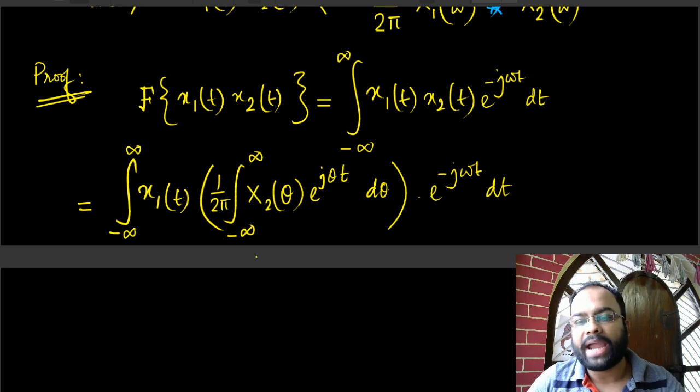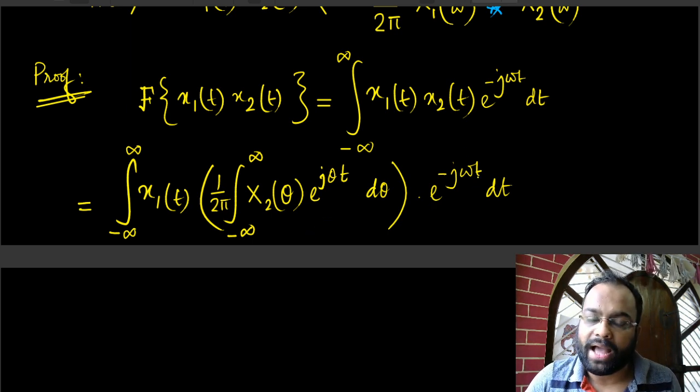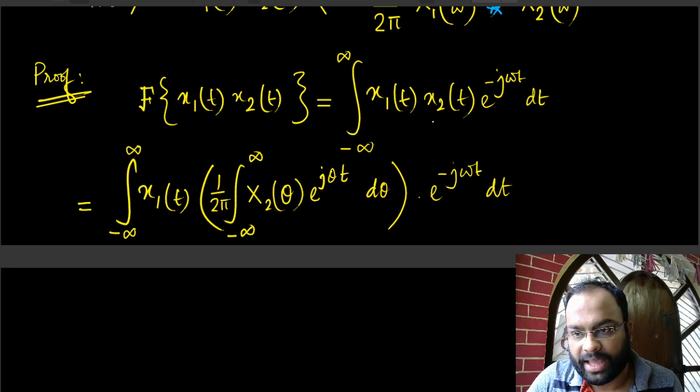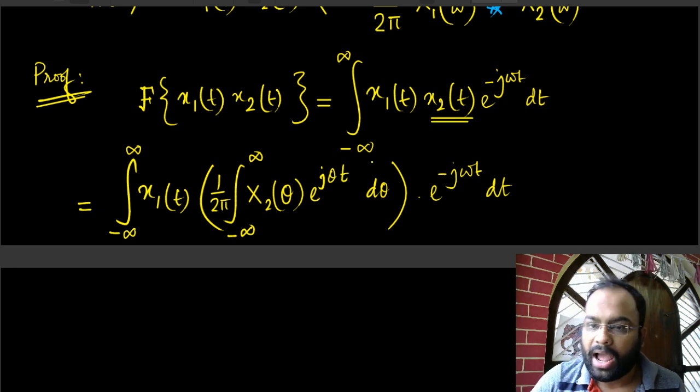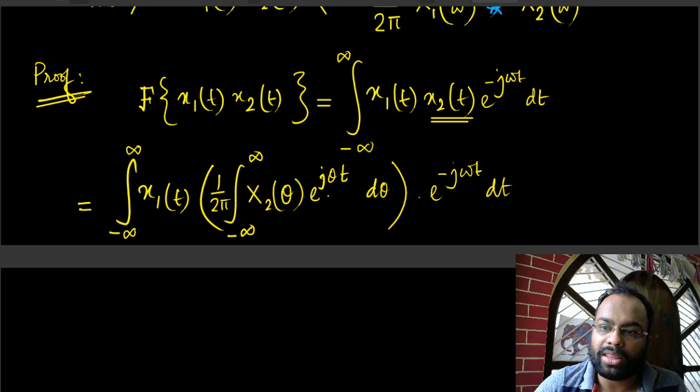so instead of writing omega, what I'm writing is a different variable. I did not write omega here, and there is a reason for that. The reason is that I already have omega as a variable inside this integration, right? So I cannot introduce the same variable here because that will change the result, right? Because it was x2(t), try to understand. I cannot write omega here because otherwise this will interfere with this integration.